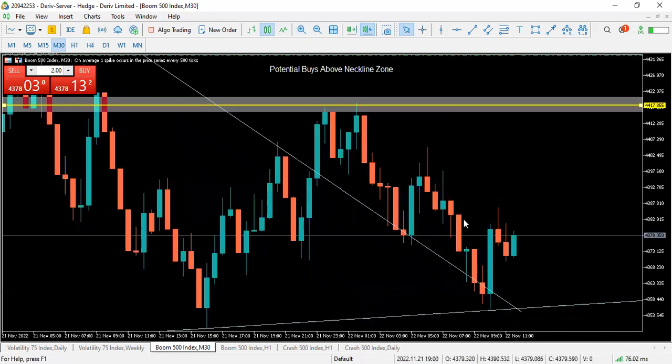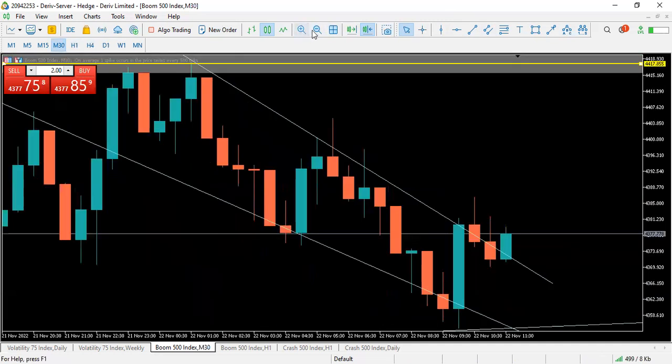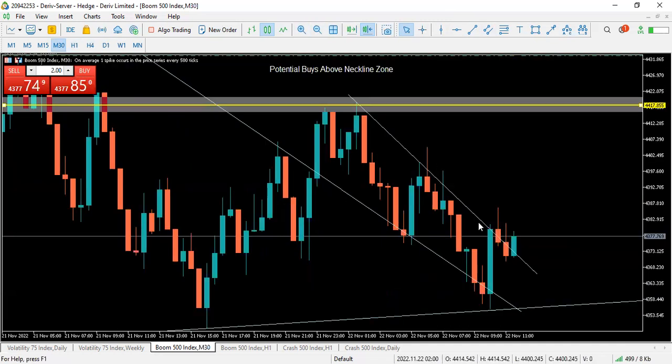Don't play around with your monies here. Rather wait for the break of the neckline that we marked and then get an entry. Or let's see on 30 minutes. Touch, right. So this is also another structure that one can consider. Right now it's above, broke below, broke outside.